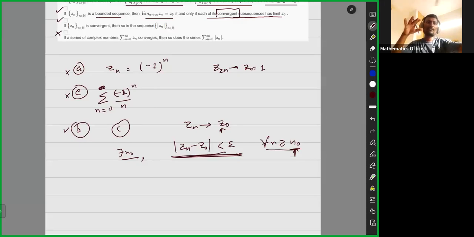Converging means infinity. Okay. So I don't know from which book you are talking about. Convergent for me actually means converging to some point. Those which are going to infinity, basically I would say they are divergent sequences.